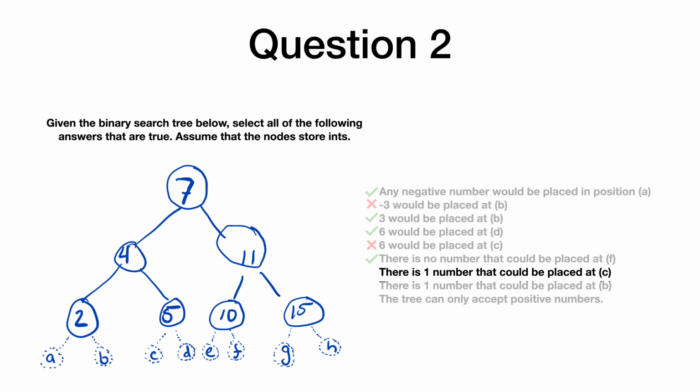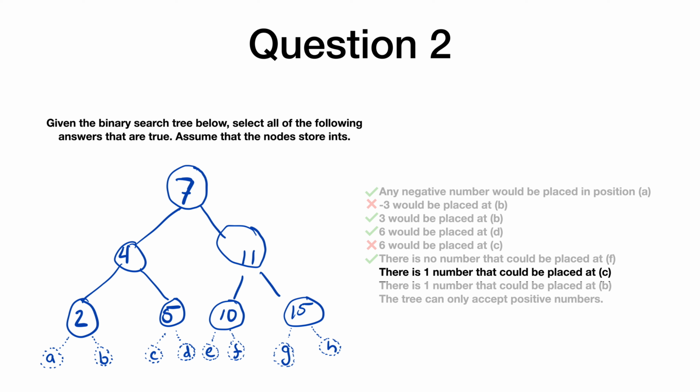Using the same logic, the next question asks, there's only one number that could be placed at C. So again, let's see, we have to be greater than 4, but less than 5. And once again, without repeating a number, nothing is greater than 4 and less than 5. So that's false.